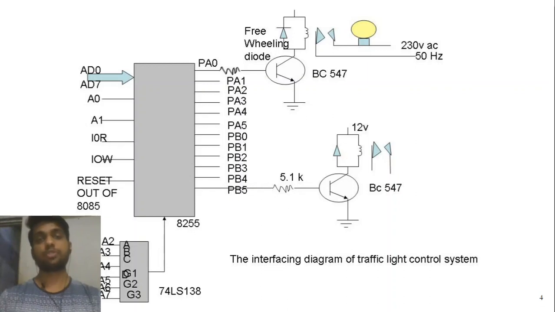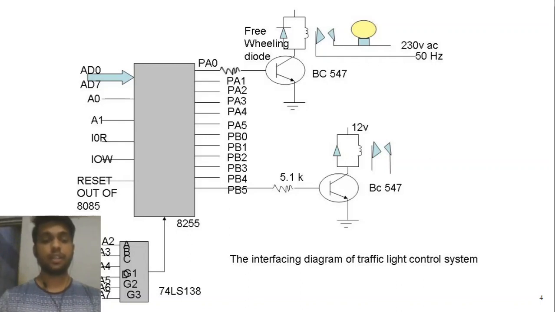Moving forward, we need at least 4 LEDs for each road, which totals 16 LEDs, and we cannot connect all these LEDs to the 8085 due to the limitation in the number of ports in the 8085. So we will be using 8255 as an external peripheral for this.